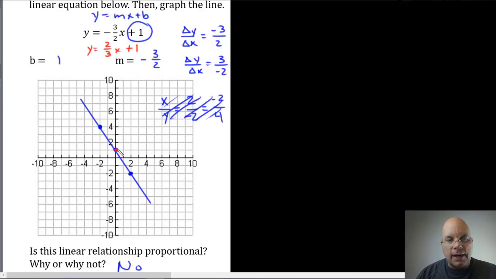So if my other line also passes through the y-axis at y equals 1, and the slope is 2/3, I'll go up 2, right 3, or down 2, left 3. And so that line will be perpendicular to the one we graphed. To get the perpendicular line, you want to take the opposite of the slope, and also its reciprocal at the same time.